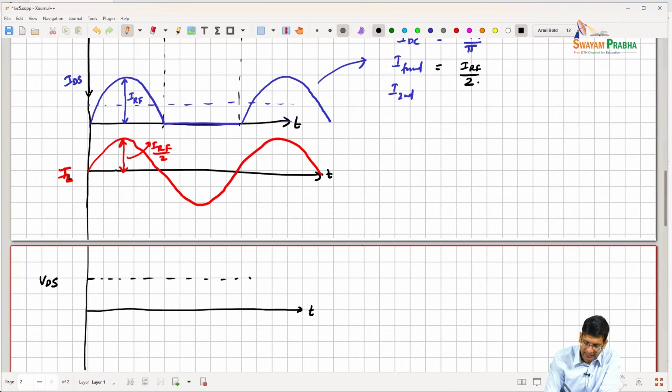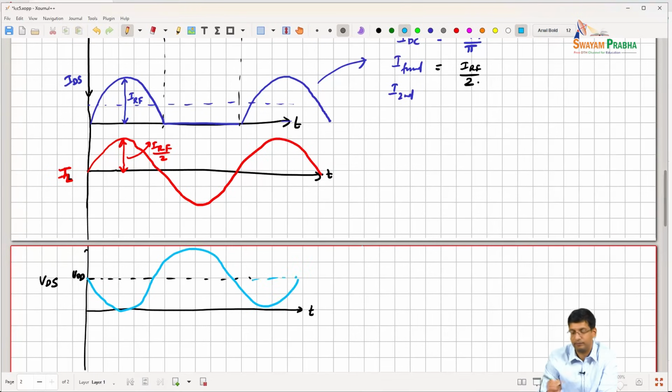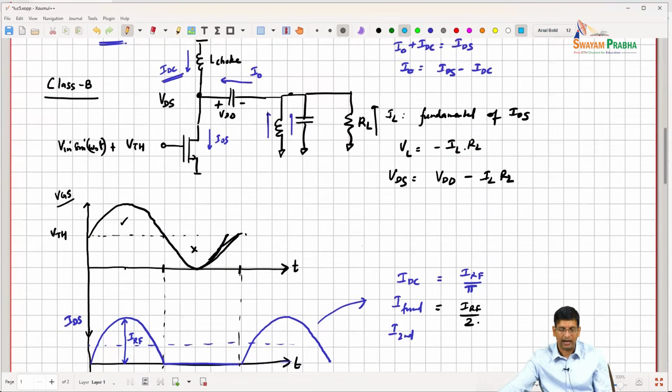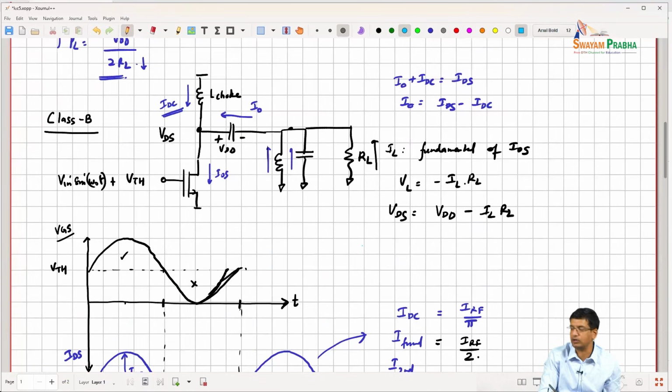So this is VDS that I'm plotting now. So this node will be VDD and this will be, as you asked, out of phase, and this is going to go up and come down like this. So even though my IDS is not a pure sinusoid, my VDS and my VL are pure sinusoids.